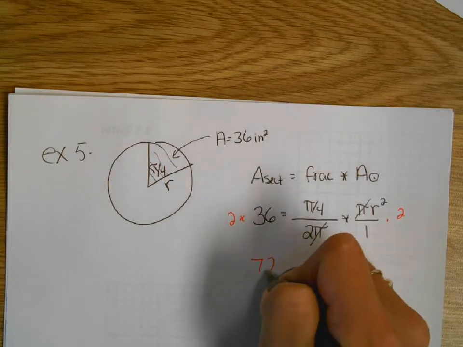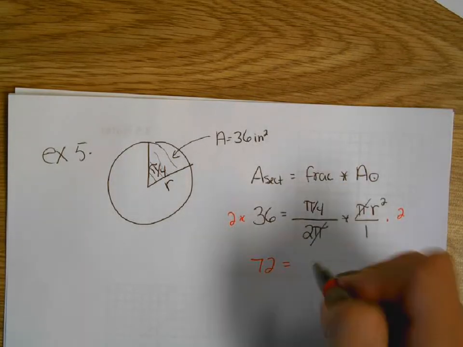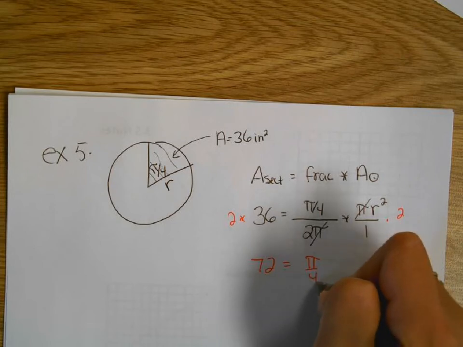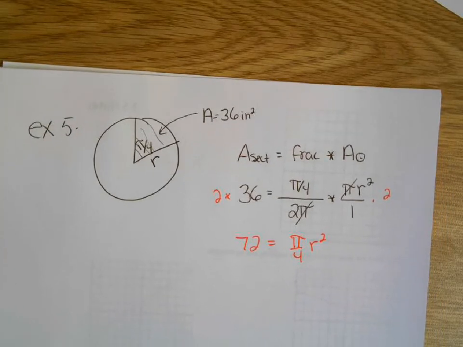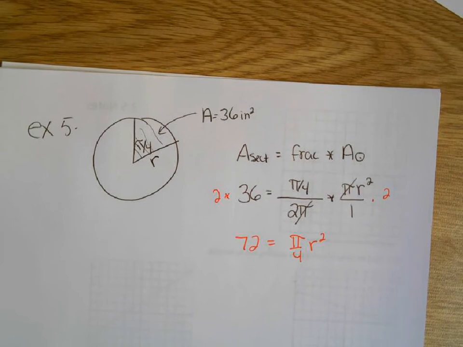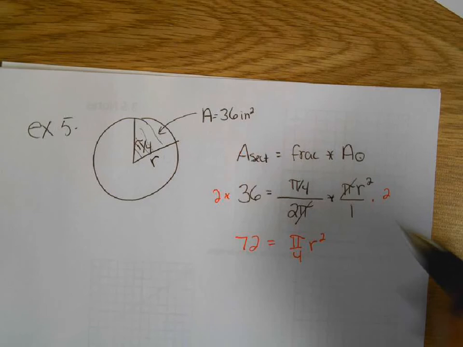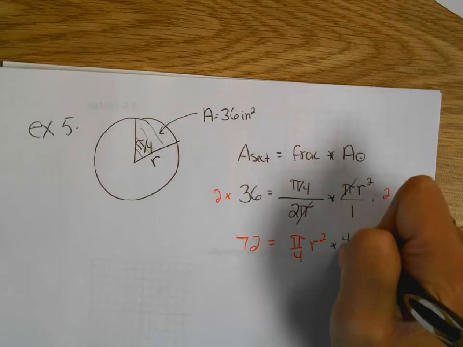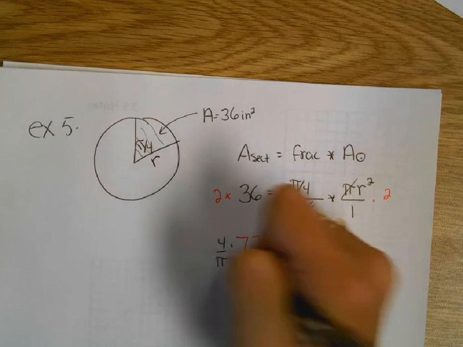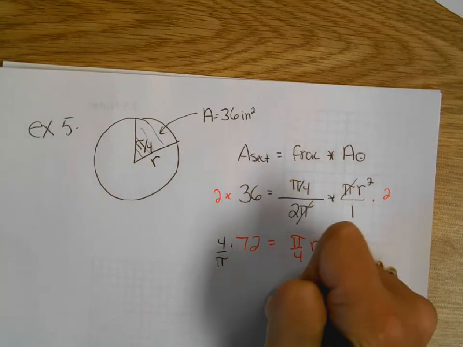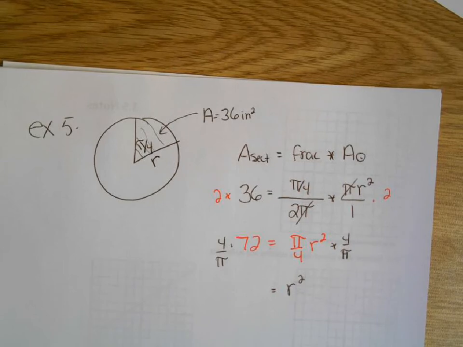So this will be 72. Then what I've got over here is pi over 4 times r squared. What do I do now? Divide by pi over 4, which is the same as multiplying by 4 over pi. So that'll be r squared, whatever that comes out, and then what?